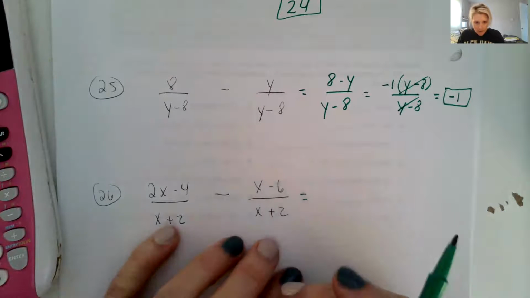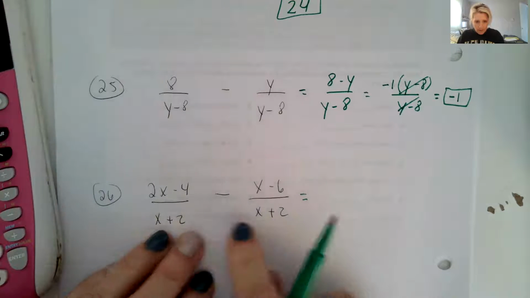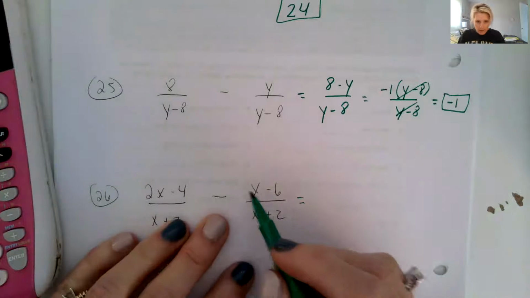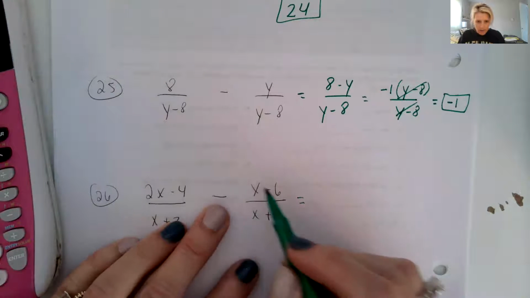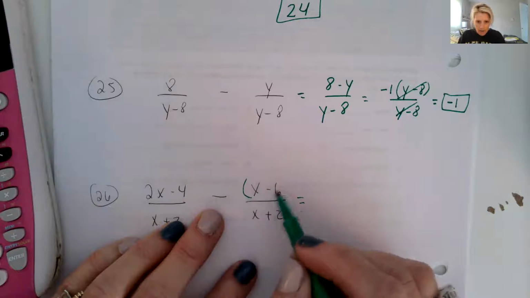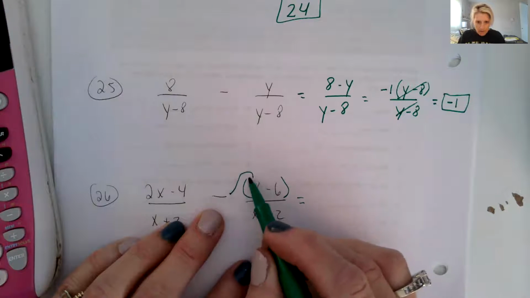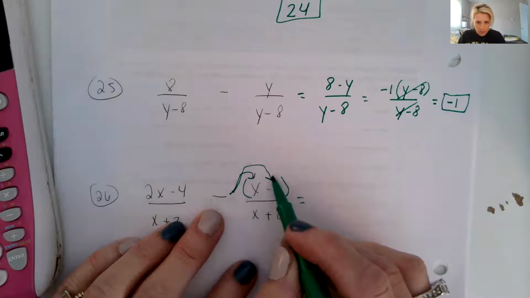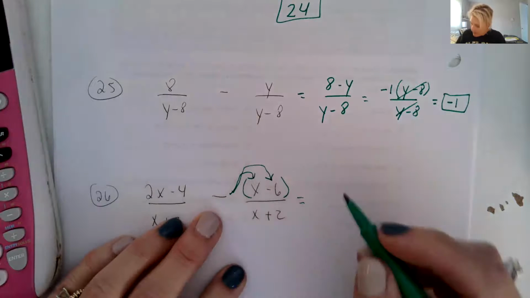Number 26 also already has a common denominator, so we can go ahead and subtract our expressions in the numerator. So the second fraction, this is a subtracting of the x minus 6. So we have to distribute the subtraction to both terms on the inside.